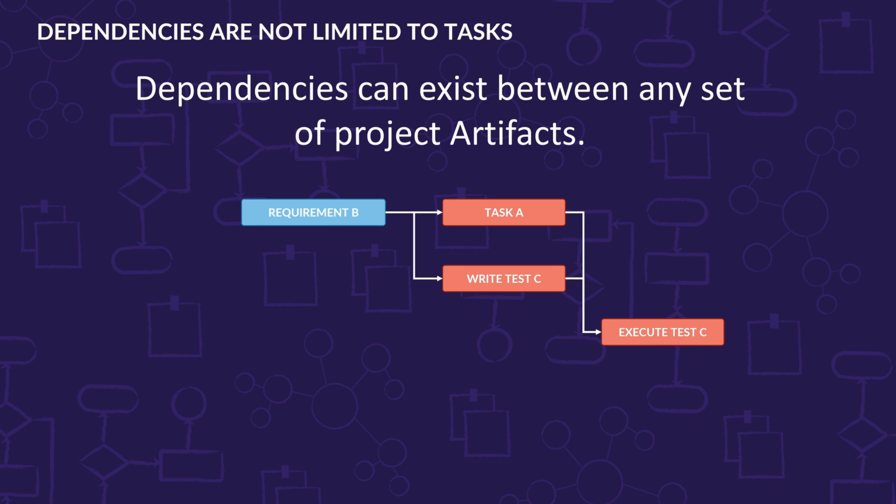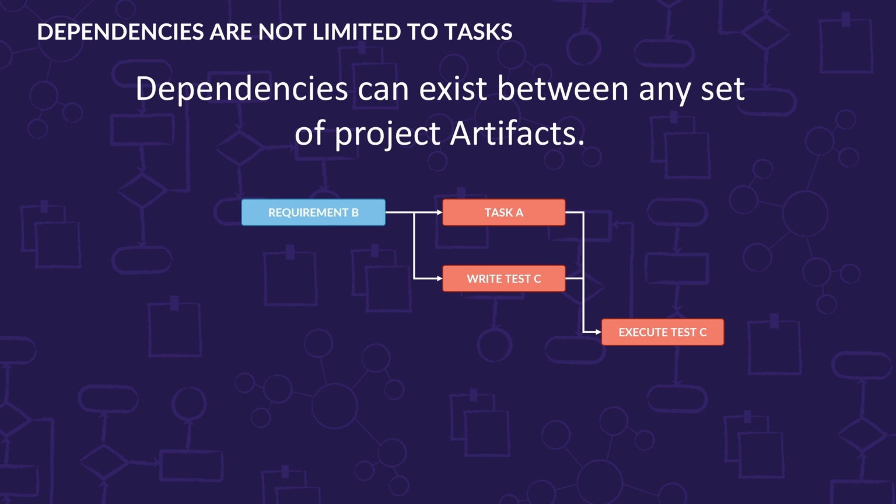In addition, if I want to execute that test, I can't execute the test until I've written the test and the task that implements the requirement is actually done. So in this case, my execute test task depends both on the test artifact and on another task artifact. And by inference, it actually depends all the way back to my item to do requirement B.